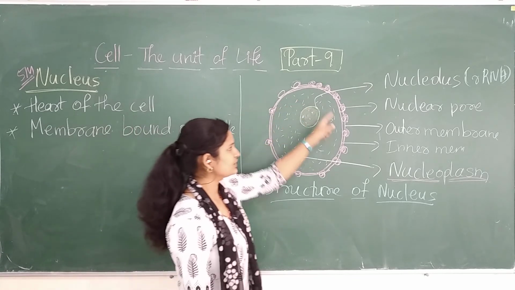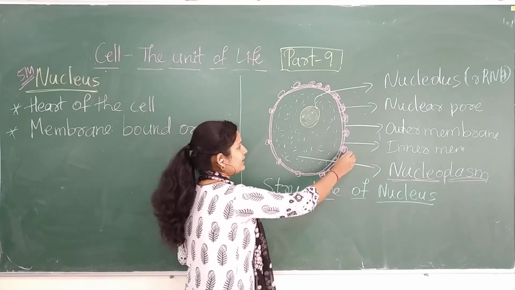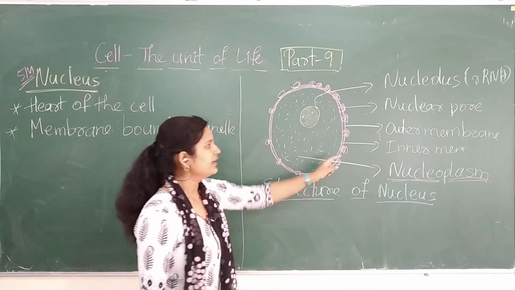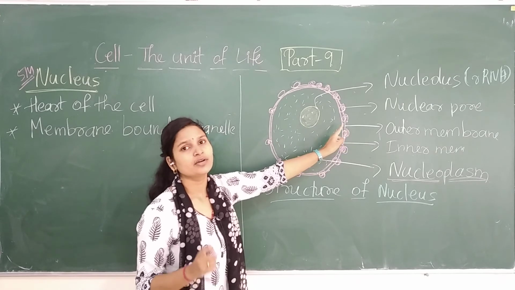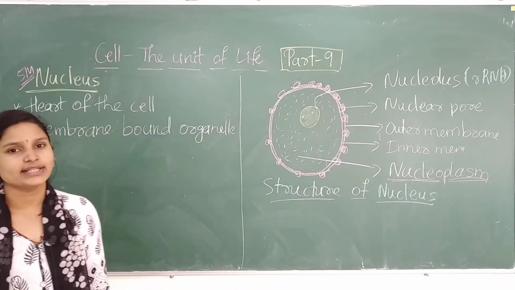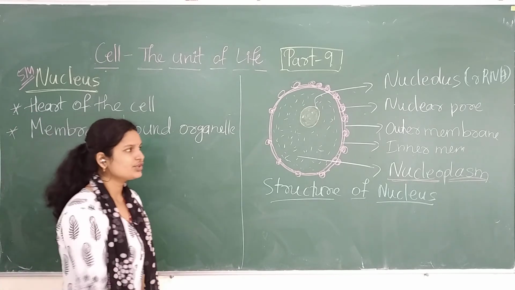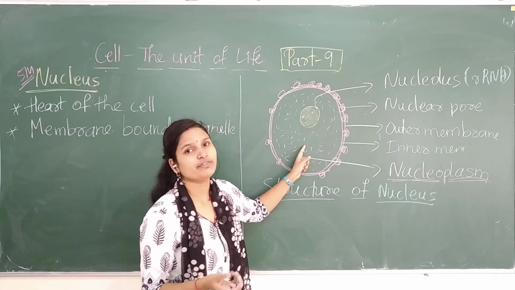So this is all about your nucleus. The outer layer is a bimembrane, that is the outer membrane and inner membrane, and the nuclear pore. Why the nuclear pore? It is mainly helpful for the exchange of RNAs. Again, a small structure will be found.